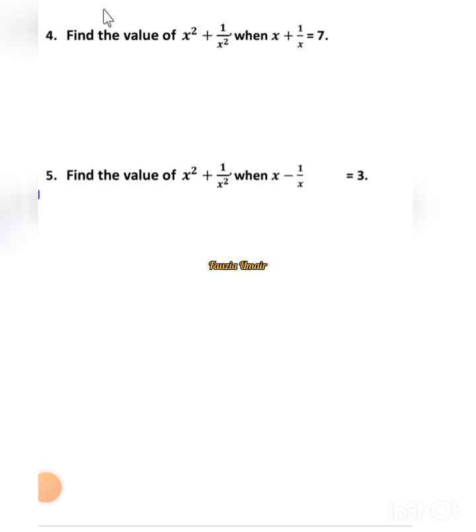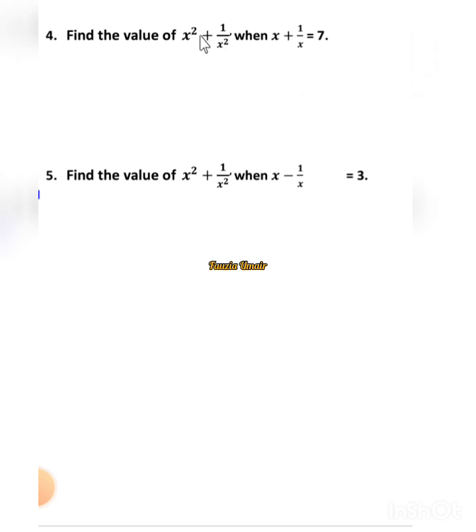Alright, so let's see this question. Find the value of x square plus 1 by x square when x plus 1 by x is 7. So in this question, basically we need to use the formula a square plus b square. But you might think, where is the ab term? We don't know the value of ab.